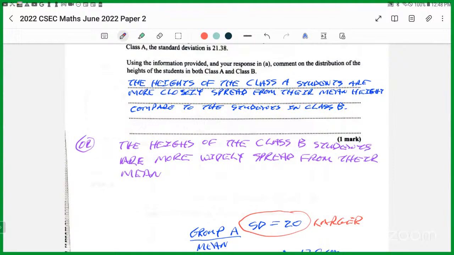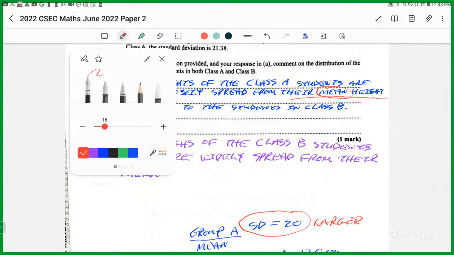So you see, I have to put in this line: from their mean height. You have to put the word mean in there. It's a spread from the mean, from their mean height.